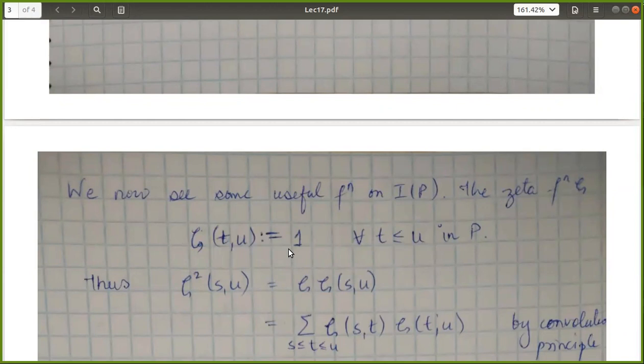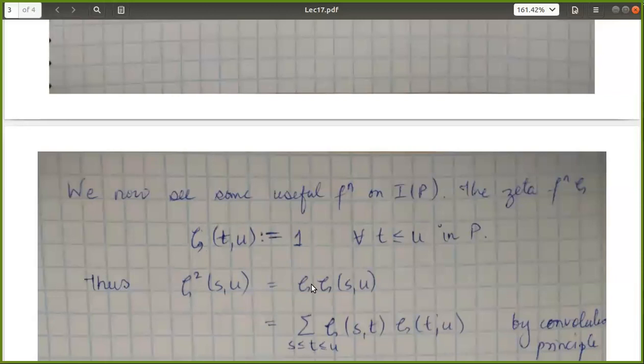So on all closed intervals, it will be 1. So this is your zeta function. Now, if you take the convolution of the zeta function with itself, what do you get? So you do zeta square of SU, that's zeta times zeta of SU.